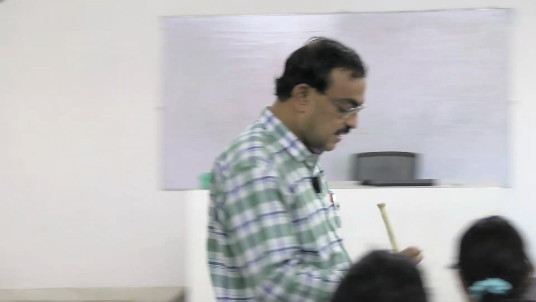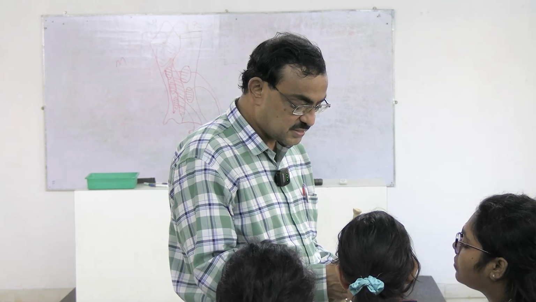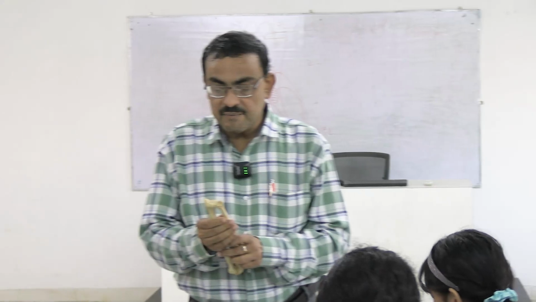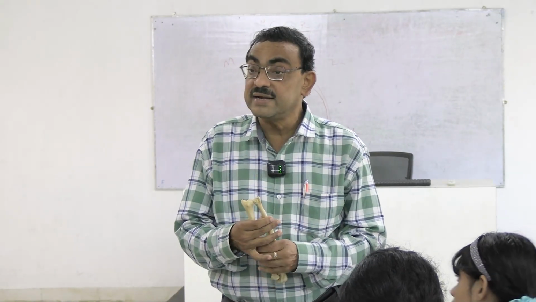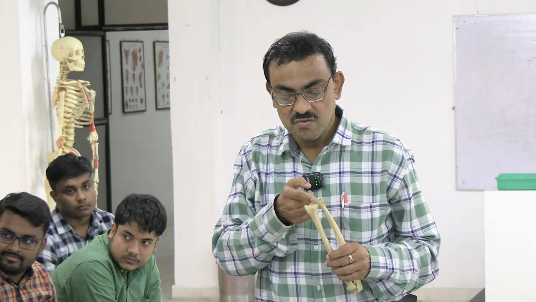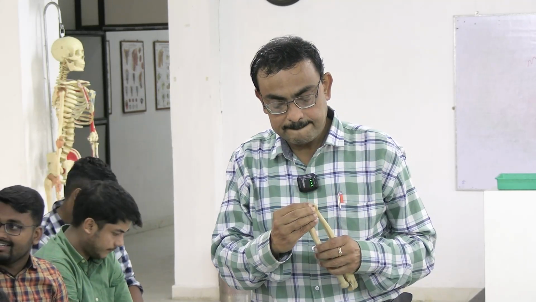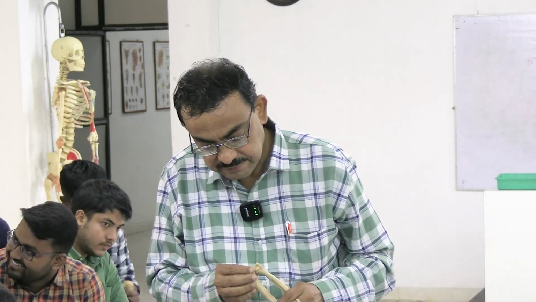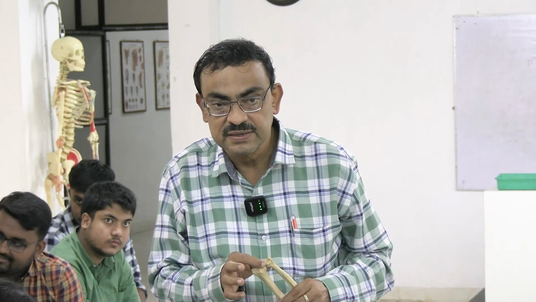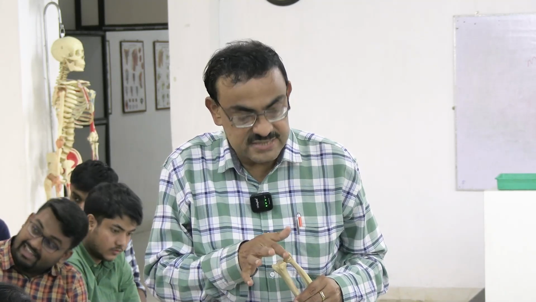Look, this is the head, this is the depression, and one triangular articular disc, triangular means triangle shaped, is attached over this area. The base is here, the apex is here. So a triangular articular disc is attached.